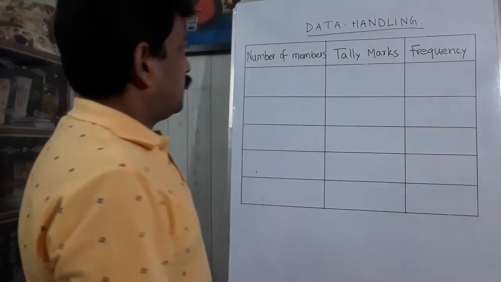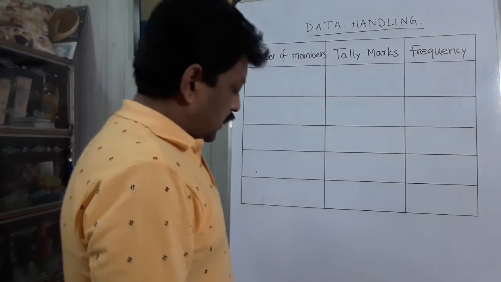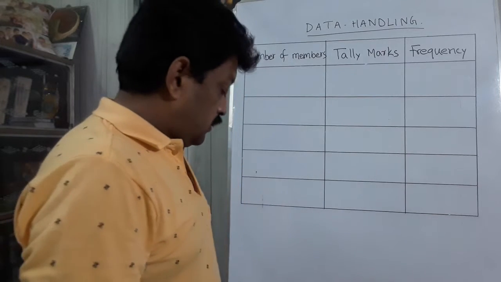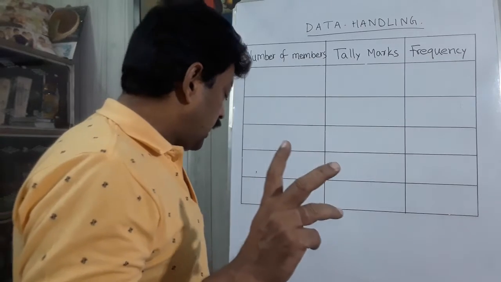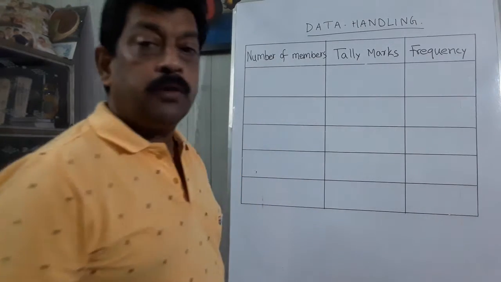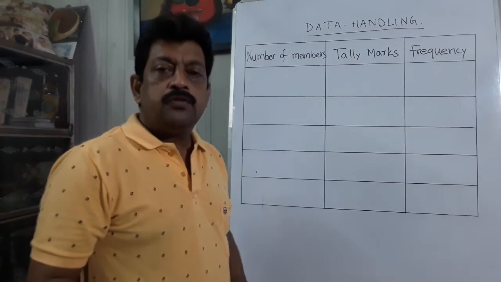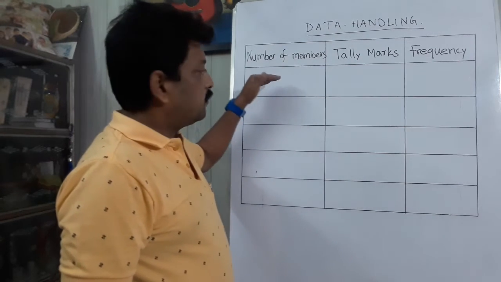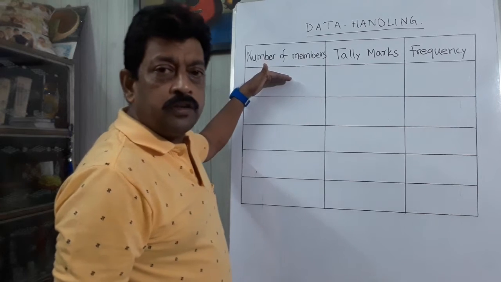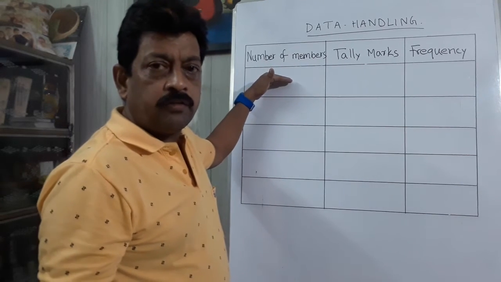Understood? Now, as you have seen in the question, the minimum number of members is 3 and the maximum number of members is 7. Generally, in a frequency distribution table, the observations are written in ascending order.